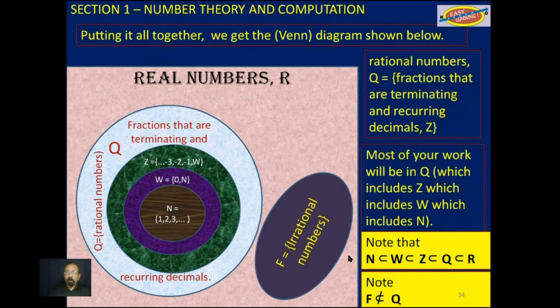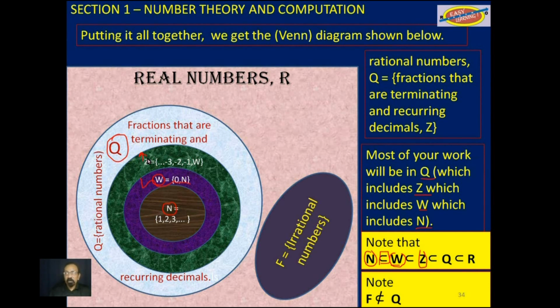So most of our work will be done in Q, this section here, which includes W, Z, and N. Note that N is a subset of W. That is to say, everything in N can be found in W. And W is a subset of Z. Everything that can be found in W can be found in Z. Of course, the other way around is not true.